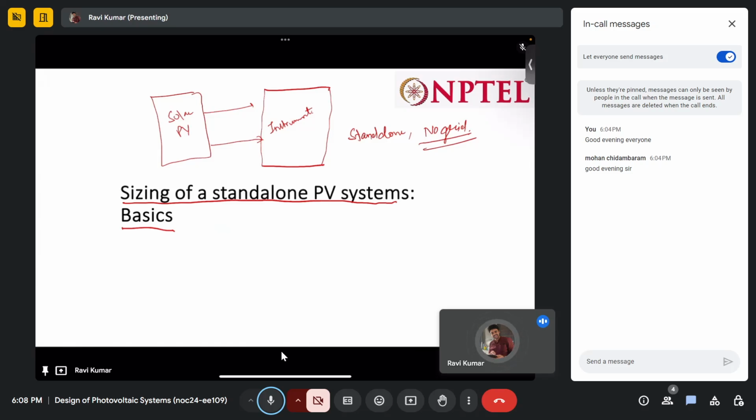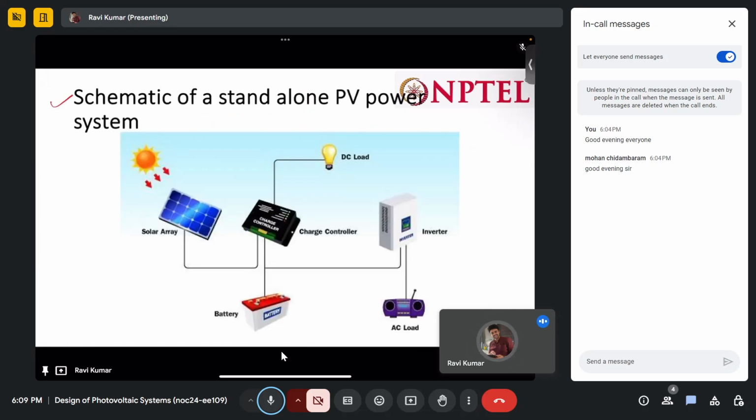From this picture you can see the schematic of a standalone PV power system. Here you can easily see we have a solar array, a charge controller, an inverter, some loads, AC load and DC load, and some battery. But what do we understand from the sizing point of view? We understand what capacity, how much PV module we require.